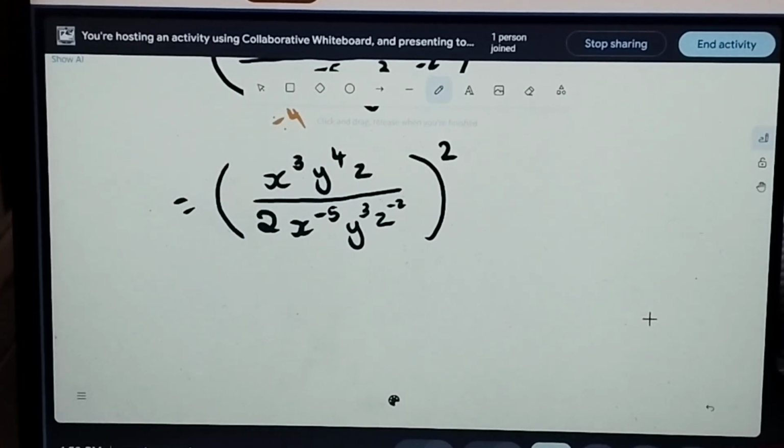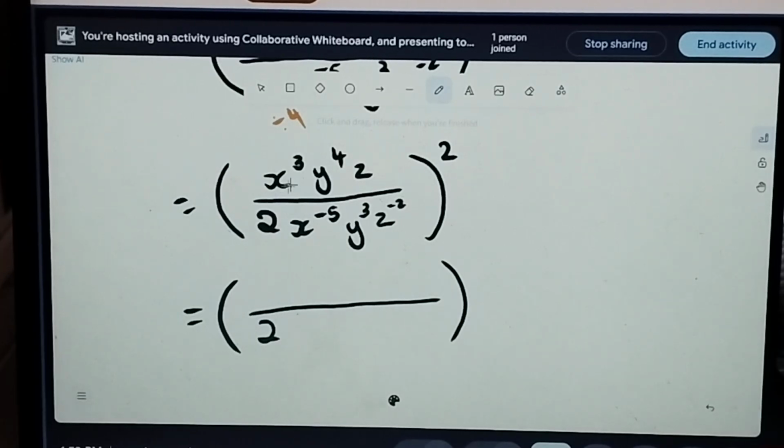And I'm going to use the same rule I used earlier. The letter with the biggest power, I'm going to leave it where it is. If it's at the top of the fraction, I'm going to leave it at the top. If it's at the bottom, I'm going to leave it at the bottom. So I'm just going to put my 2 there because it was sitting there quite happily. Starting with the x.